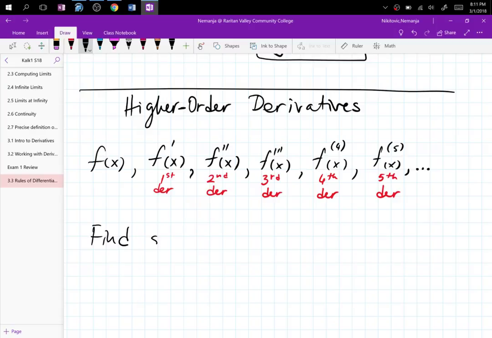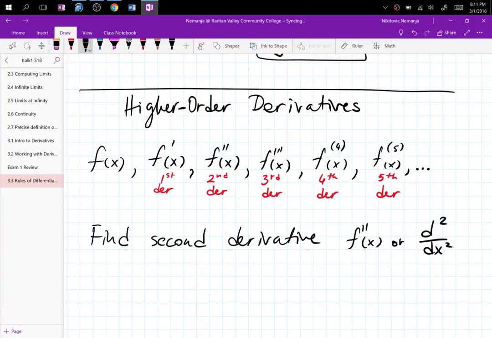Find the second derivative. Notation is either f double prime of x or d squared over dx squared, because it's the second derivative, for the function f of x equals 3x squared plus x minus 11. All right.